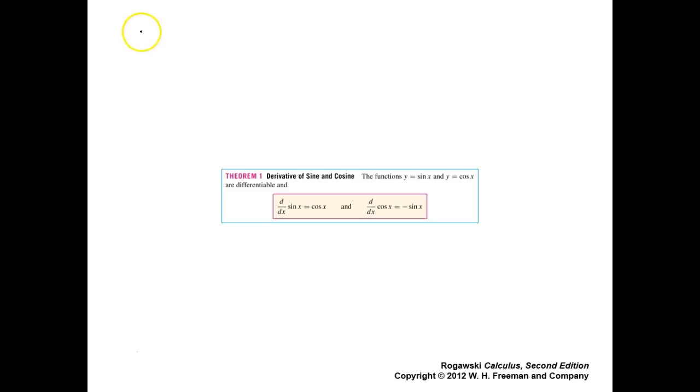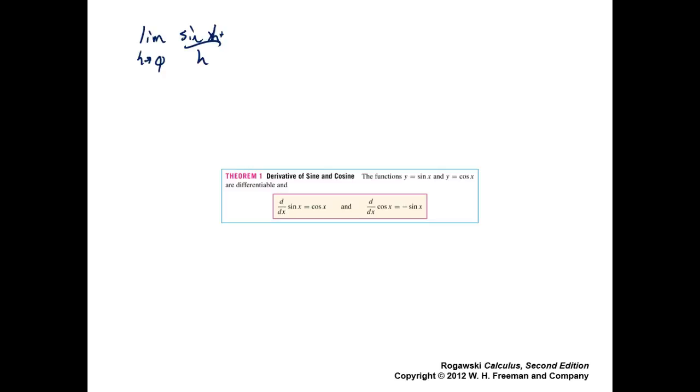Do you remember what the limit as h is approaching 0 of sine of h over h is? Let's just do that. Do you remember what that is?